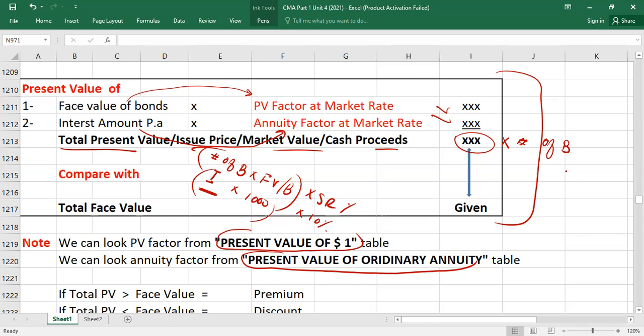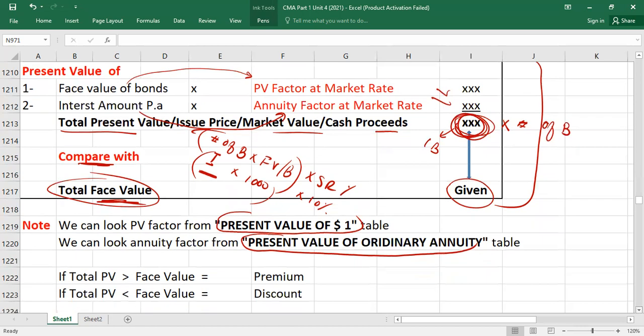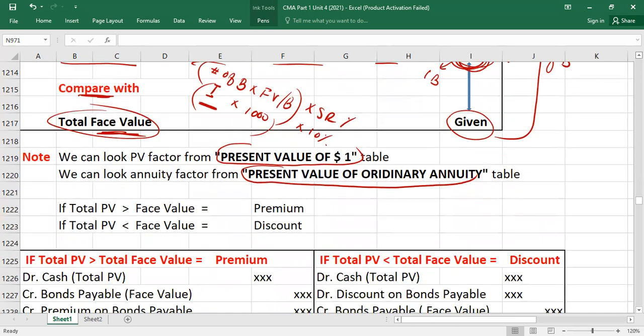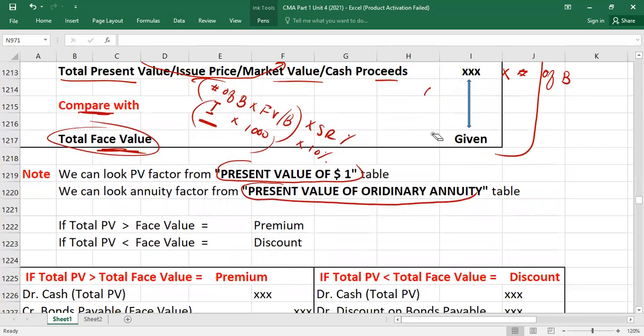Now, once you get this present value, you have to compare it with the face value. Obviously, if this present value is for one bond, I have to compare it with the face value of one bond. Right? The face value will be given in the question. This is your present value.